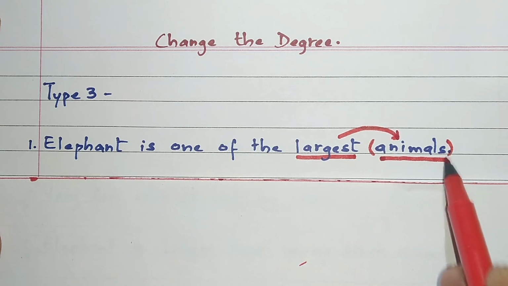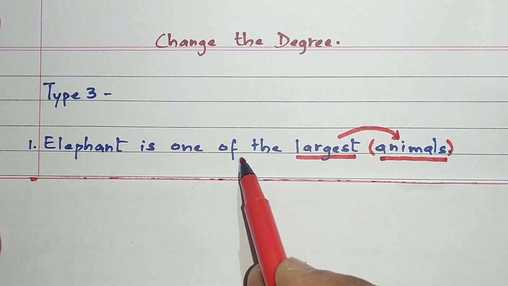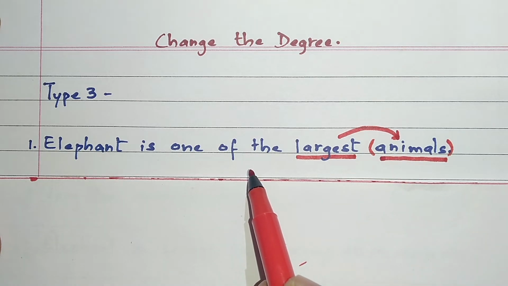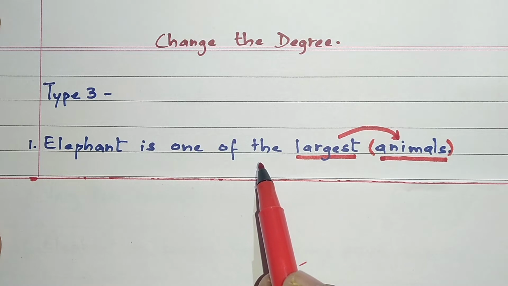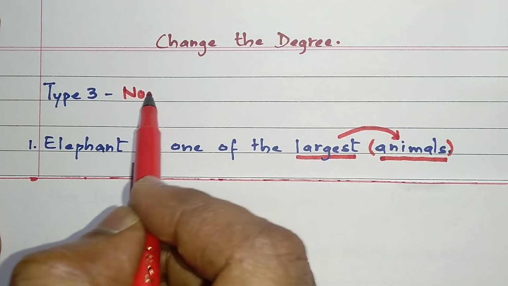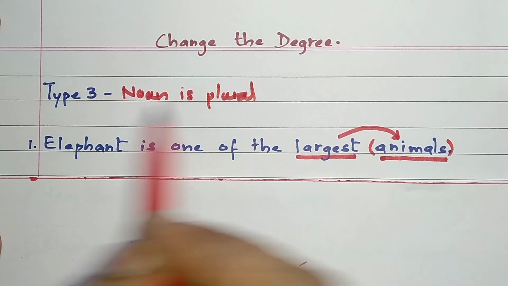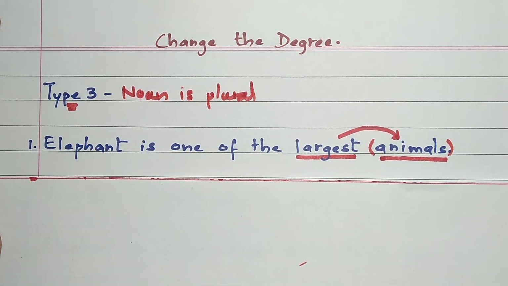This noun animals is not singular, it is plural. So therefore, in these grammar questions today, we are going to see change the degree where the noun is plural. And that is why we have categorized it as type 3.